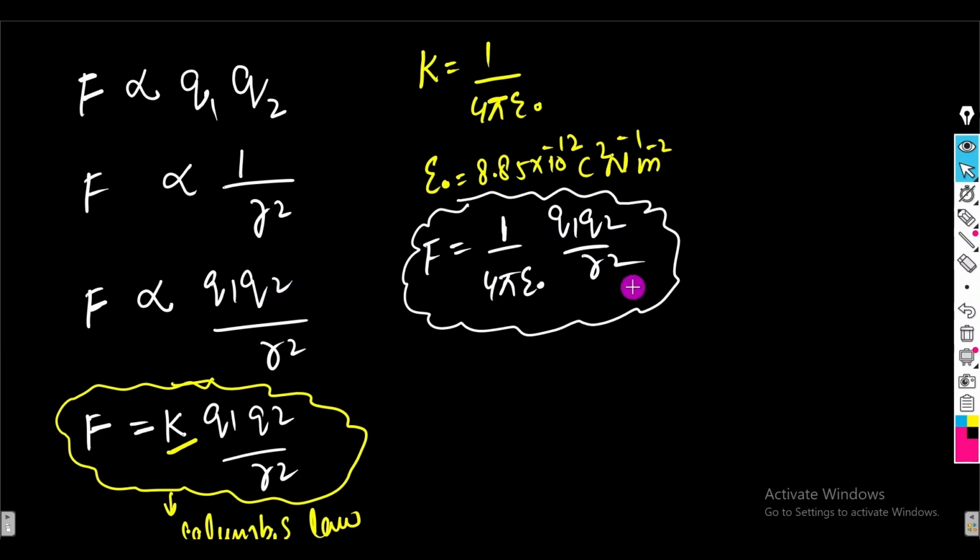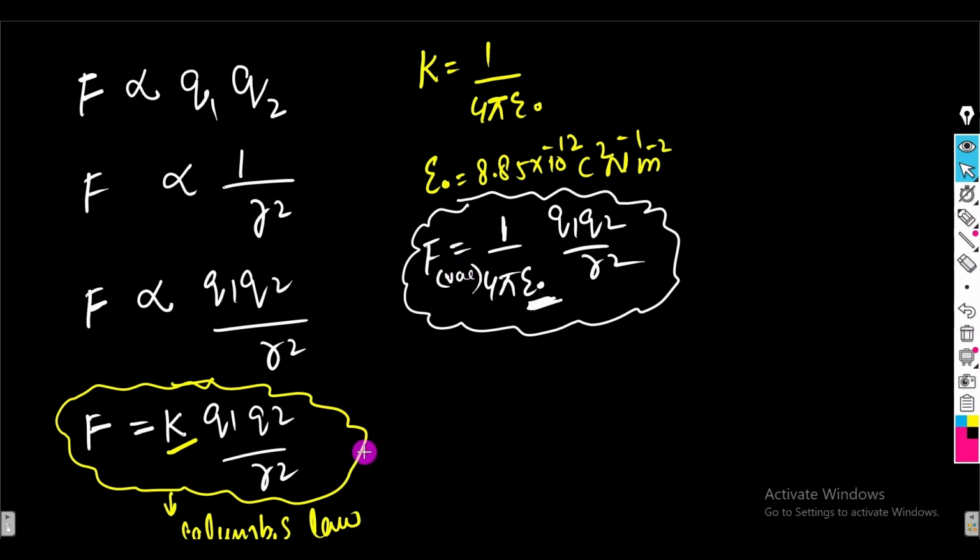Now what will happen to this equation if we put a medium other than free space? Because this epsilon naught is only for free space, for another medium we do not put epsilon naught, but instead we put only epsilon. Okay, this is for free space or vacuum.